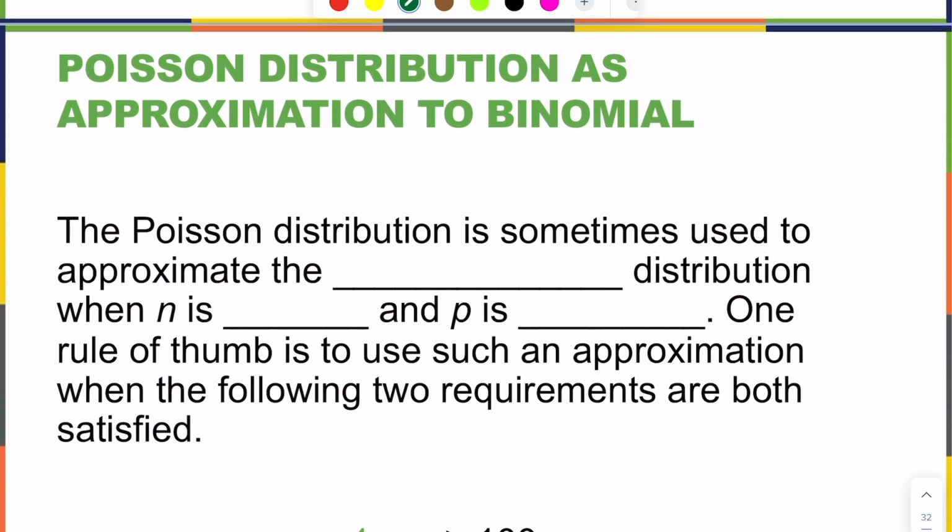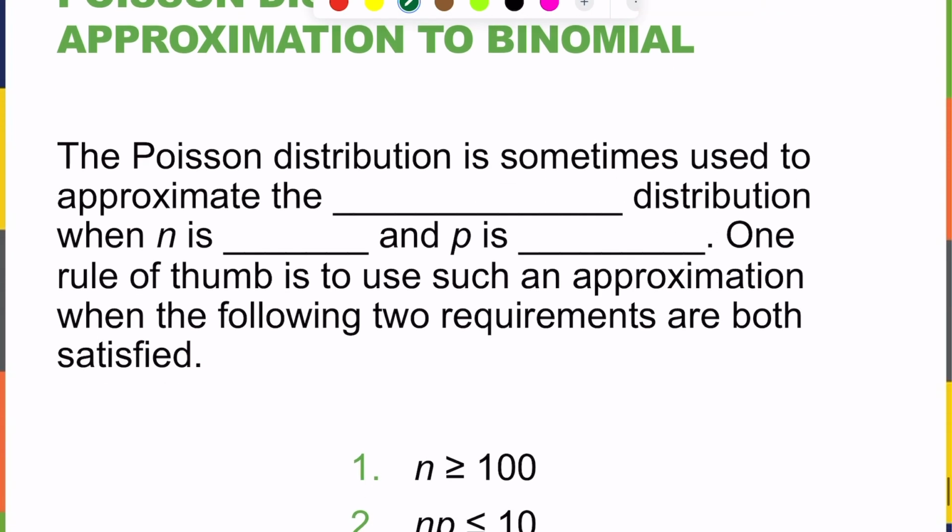Okay. Poisson distribution as an approximation to the binomial. The Poisson distribution is sometimes used to approximate the binomial distribution when n is large and p is small.